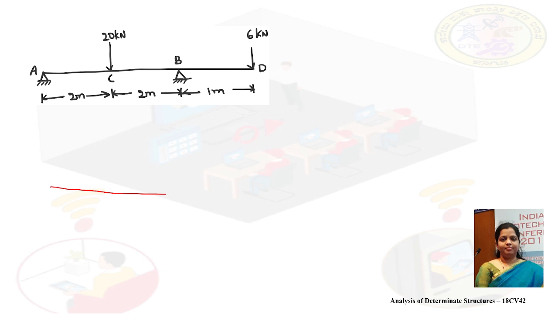There is a 20 kilonewton load here. So the bending moment diagram will be in this pattern, WL by 4, 20 into 4 by 4, it will be 20 kilonewton meter in this direction. This is for AB. Now let us consider the 6 kilonewton.